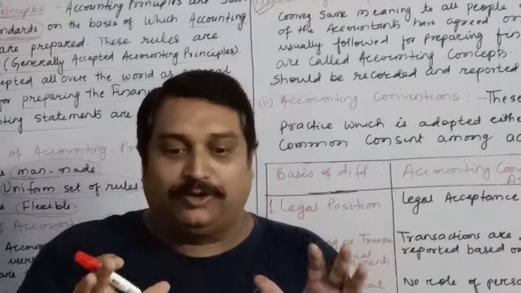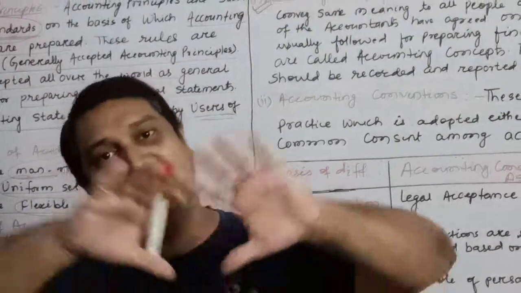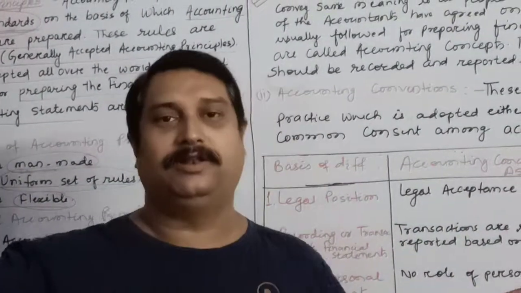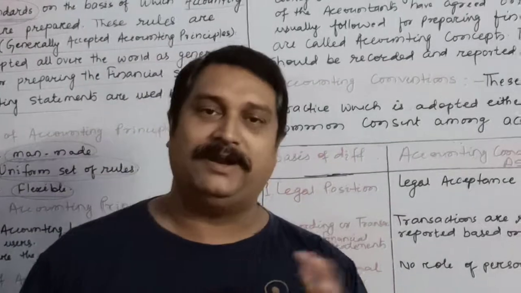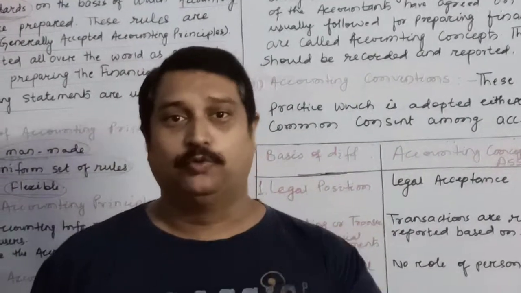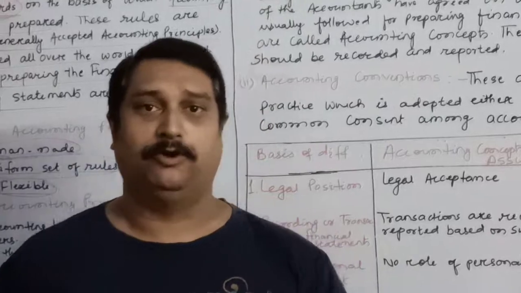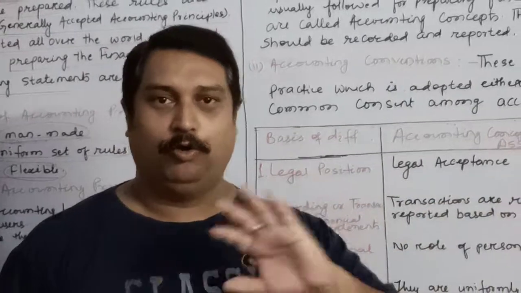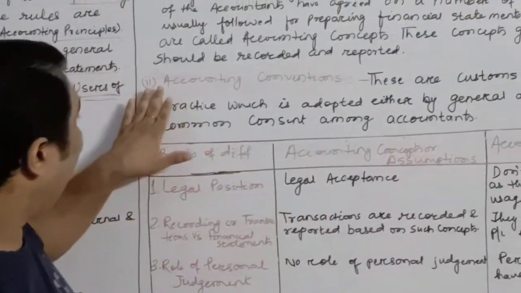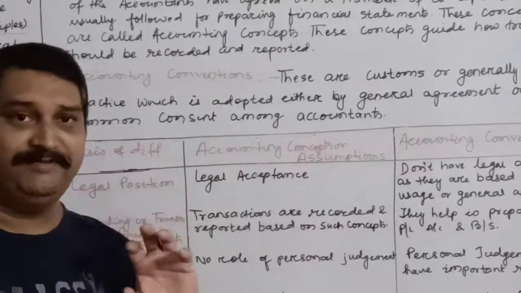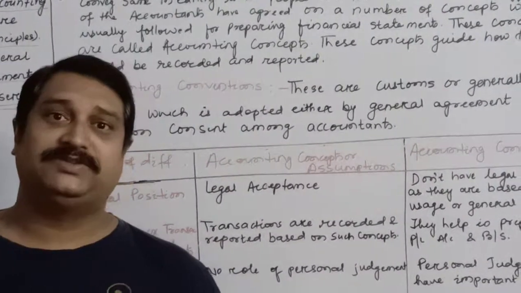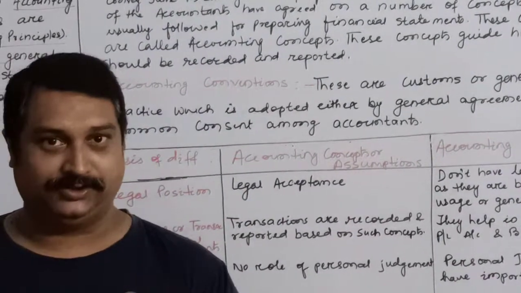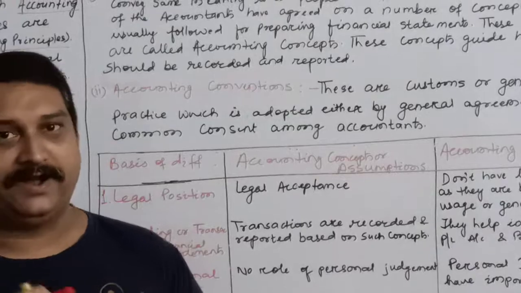Once again, children, accounting concepts are those concepts which have been widely used by all the companies, all the organizations, across all forms of business organization, no matter which industry a particular firm belongs to. They all follow these concepts and they are widely used all over the world. Whereas accounting conventions differ from one organization to another, or from one industry to another.